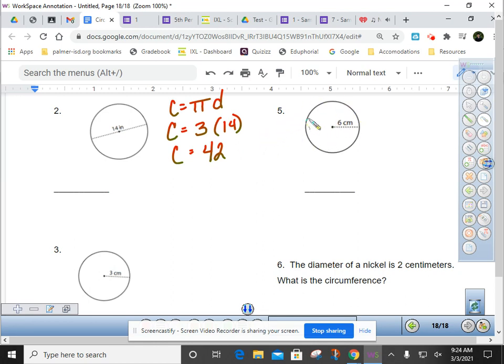Look at number 5 next to it. What do they give you? The radius. What would I do if I use this formula? Then you would multiply. We'll go here. 12.